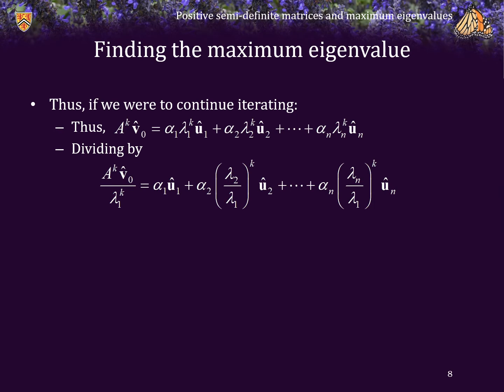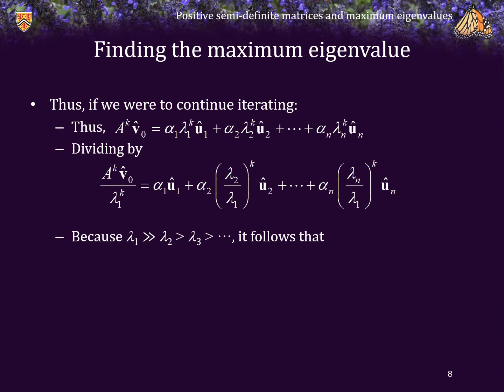Let's suppose we divided this by that one largest eigenvalue raised to the power k. Well, so now on the left-hand side, we divide by lambda 1 to the power k. For the first term, it just cancels out. But for all subsequent terms, we now have alpha 2 u2 cap multiplied by the ratio lambda 2 over lambda 1 raised to the power k, and so on and so forth for every other term in this linear combination.